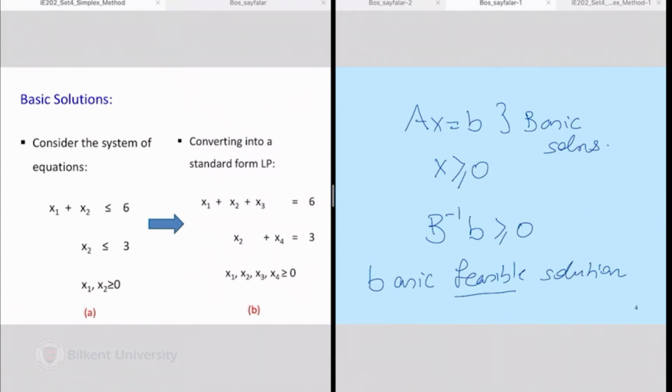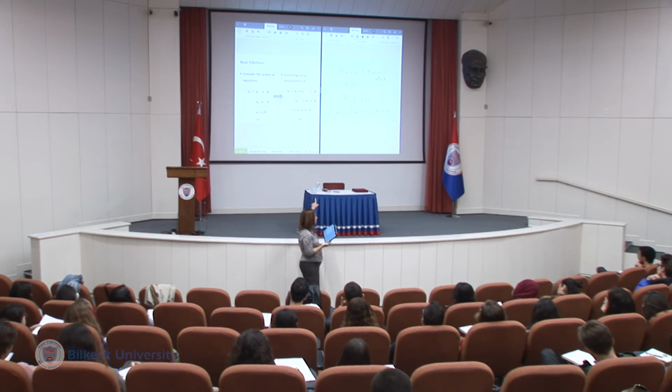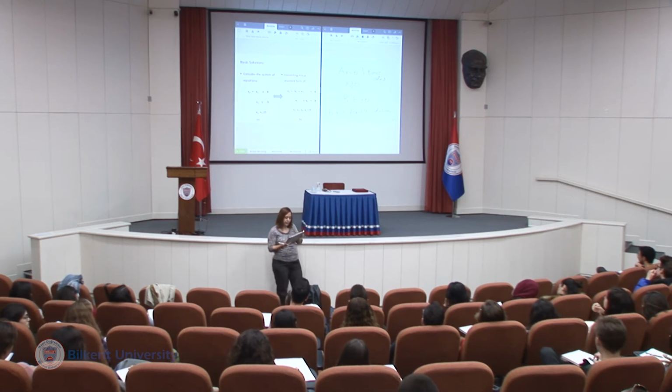I added slacks to convert the system of equations into standard form. It has two rows, 4 columns. It has two linearly independent columns, so this is a full satisfaction of my requirements. So I can talk about basic solutions and basic feasible solutions to the standard form system on the right.